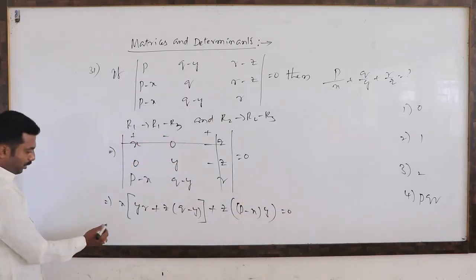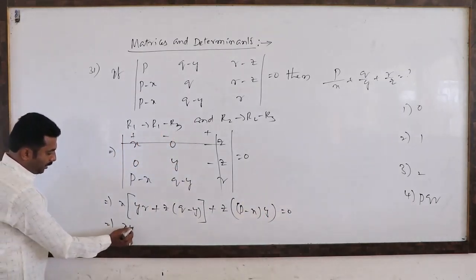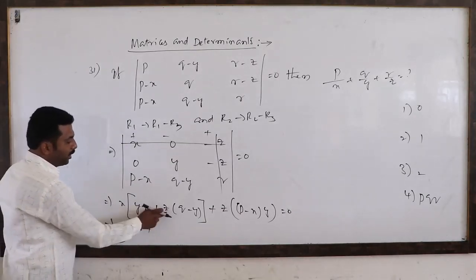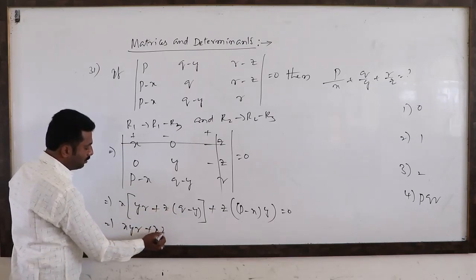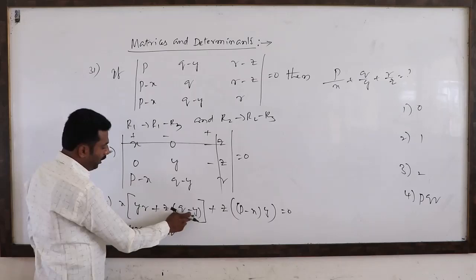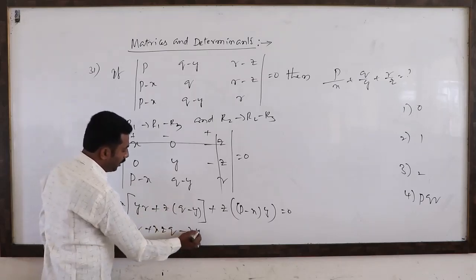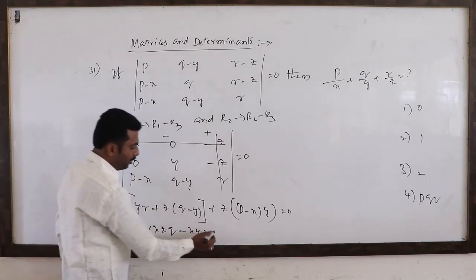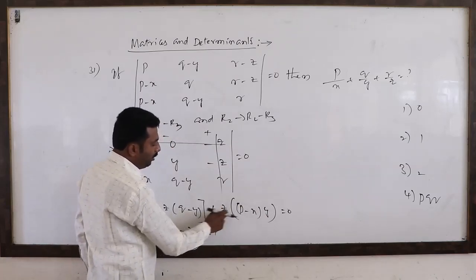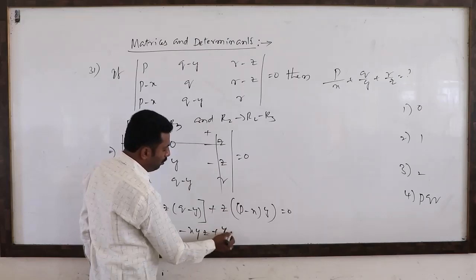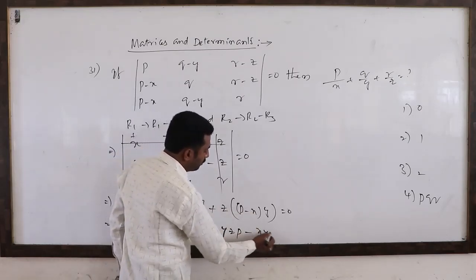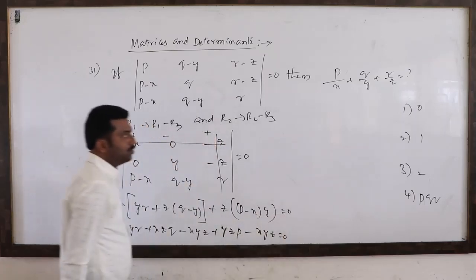So you observe, XYR, XZQ, XYZ minus XYZ plus P into YZ, so YZP minus XYZ equal to 0.